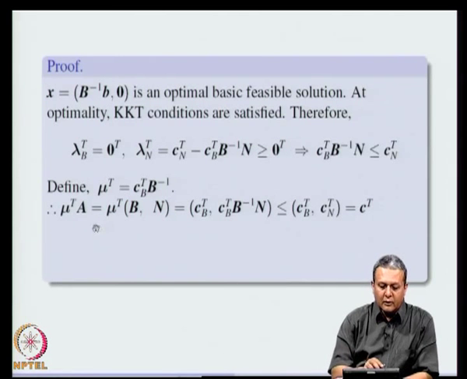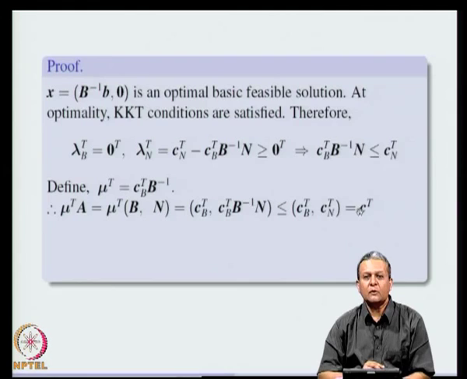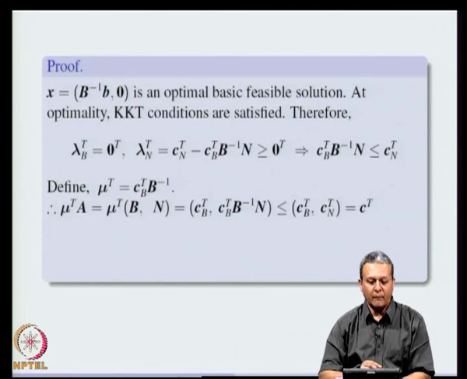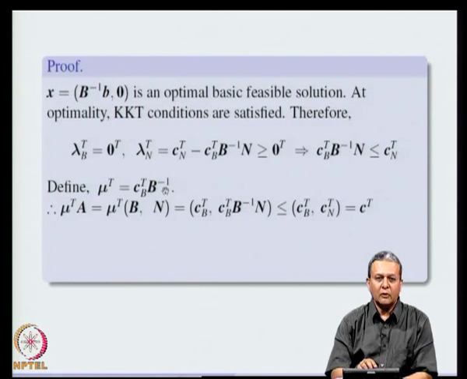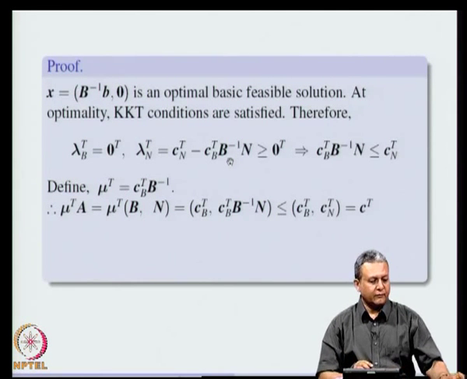Therefore, mu transpose A is less than or equal to C transpose, or A transpose mu is less than or equal to C, which means that mu is feasible to the dual problem. So, the given mu, defined in this way, is feasible to the dual problem at optimality. That is very important.